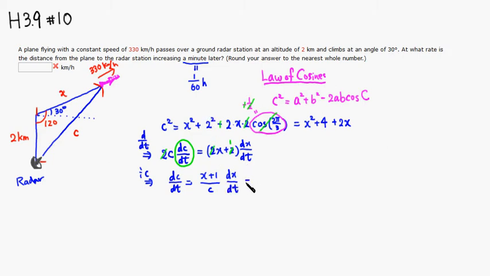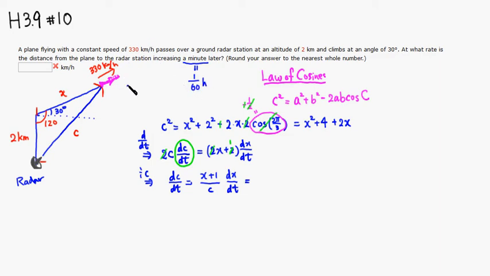So let's find that. We're given dx over dt, but we have to find x. We know this is 1 minute later, which is 1/60 hours later.